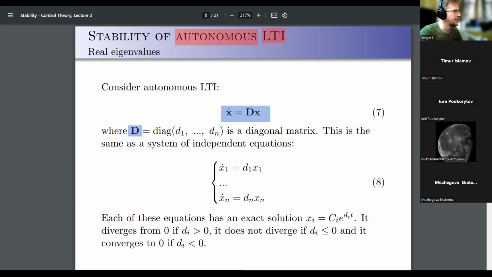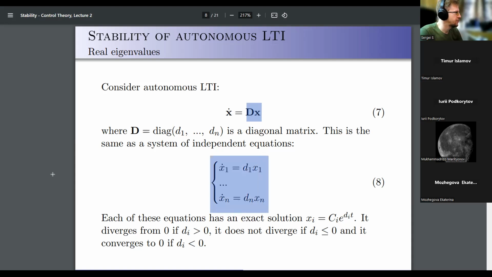If we multiply x by a diagonal matrix like this, what we get is that x1 will be multiplied by the first diagonal element, d1. Then x2 will be multiplied by the second diagonal element, d2. And the result would look like this.